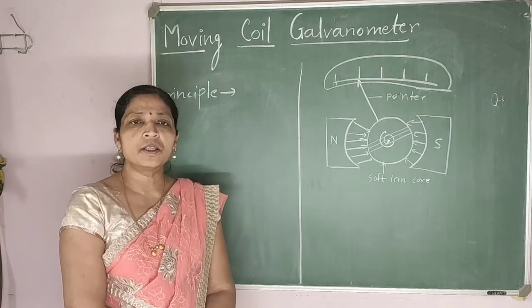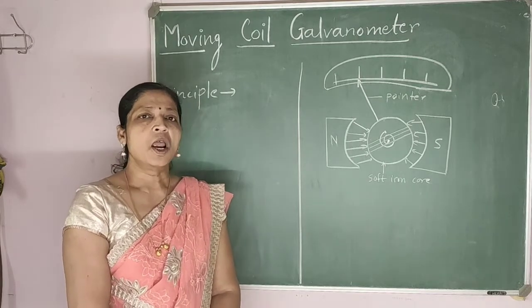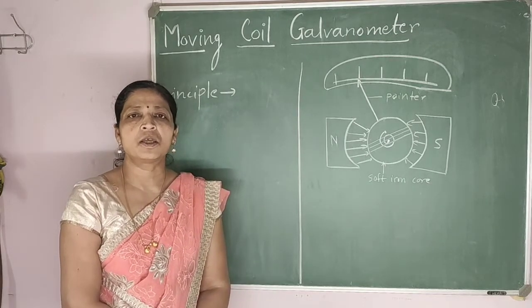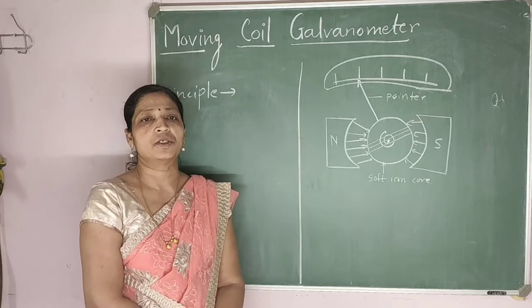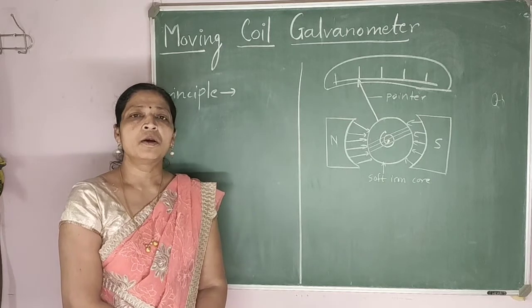If current is there in the circuit, it will show deflection. And if current is not there, it shows null deflection. That is the reason we have used it in potentiometer and meter bridge.